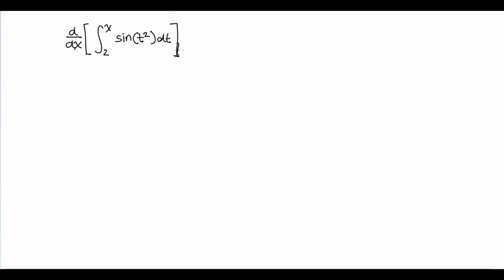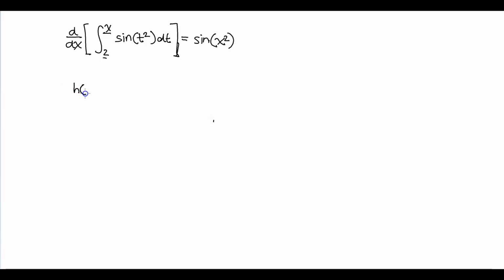From the second fundamental theorem, since this limit is constant and this one is x, we can just replace this with sine of x squared. This is not hard until you start to change some of the limits.